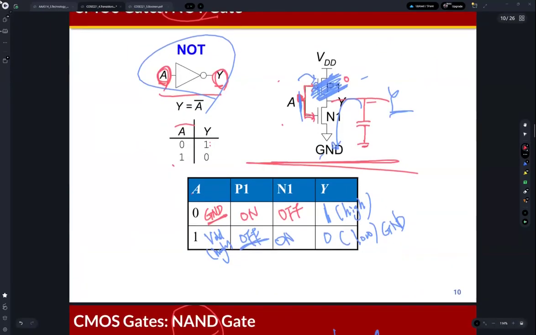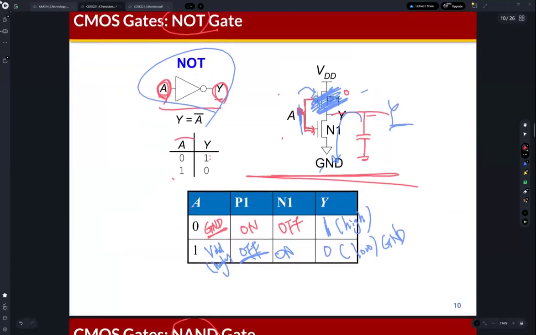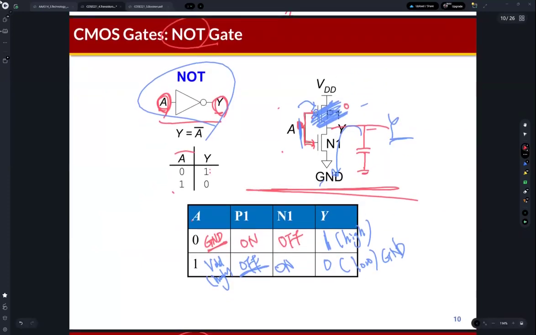Okay, and then I explained the NOT gate. By combining a PMOS transistor and an NMOS transistor, we can build a NOT gate. As I mentioned, we can understand the behavior of MOS transistors in a digital manner.